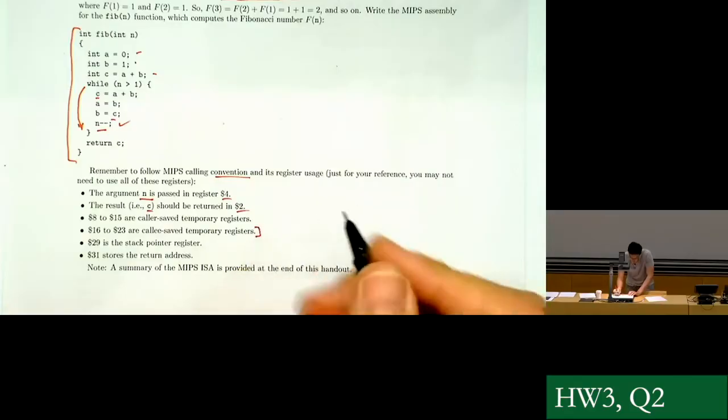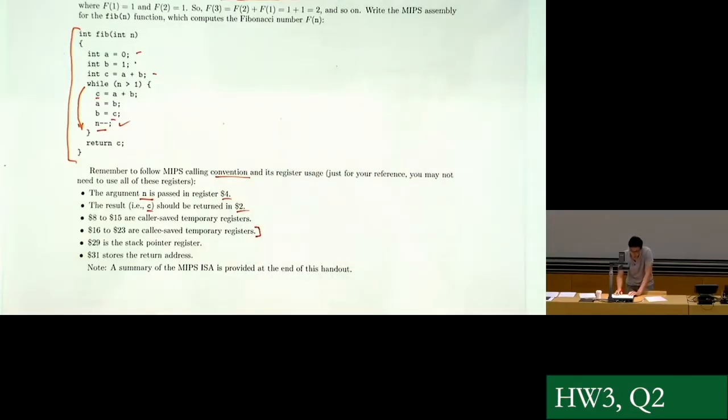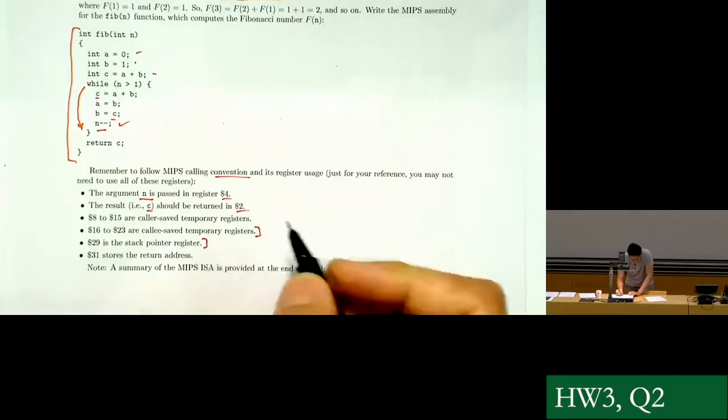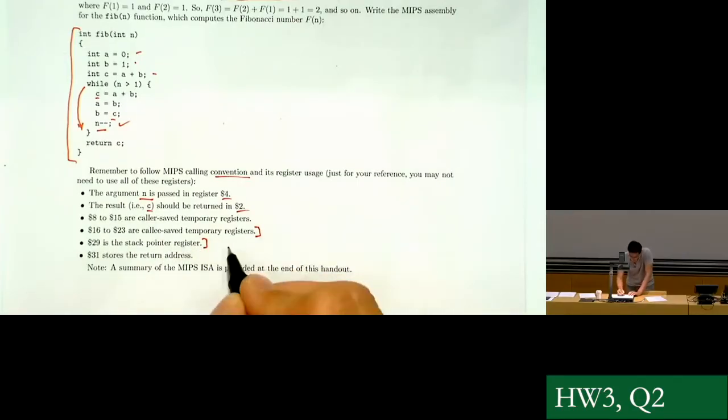We're going to need these because, as you will see in the code, this Fibonacci computation is going to be in one function. Then we have the stack pointer. We're going to need the stack pointer, as you might remember, to save the temporary registers. And we also need one return address because, every time that we call a function, we need to store the return address somewhere, and the return address is the return program counter, and this is typically stored in register 31.